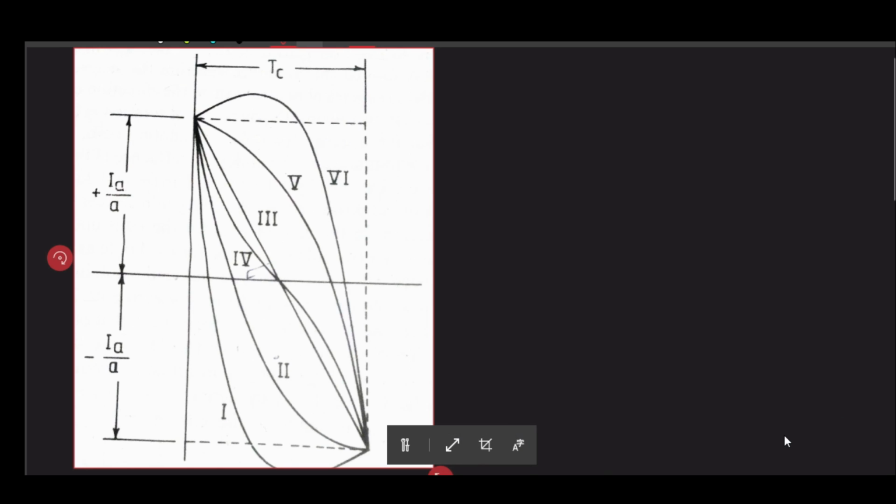So these are the different types of commutation we can see here. The tau c is known as the commutation interval, or time period for commutation. Typically tau c is very small, because tau c is what?